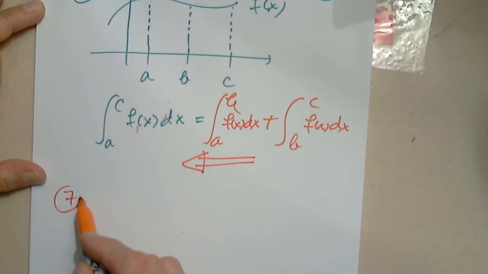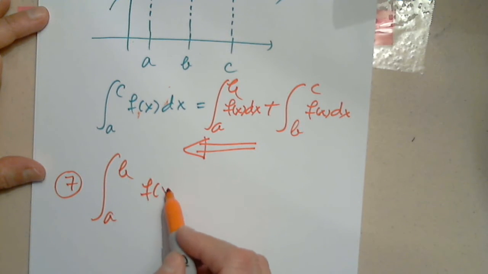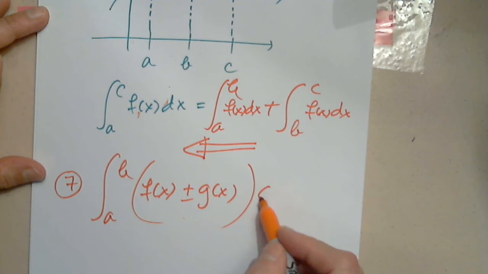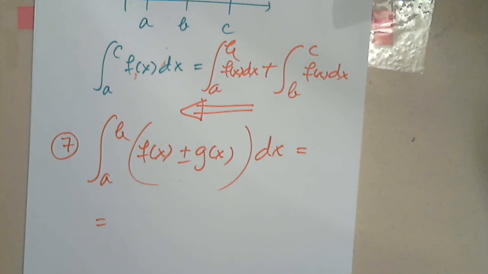7. The integral from a to b from f of x plus or minus g of x. We used this in so many different situations before. So what will the answer be? The two separate integrals.